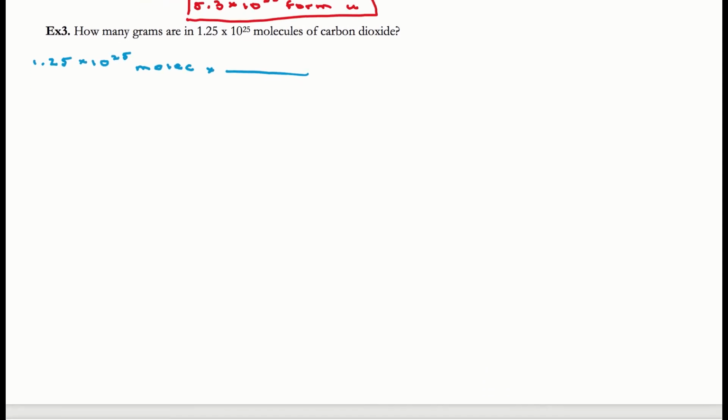I'm going to put molecules on bottom, and I'm going to put moles on top. I don't want to stop at moles though, because I need to get into grams. So I'm going to put moles on bottom, and I'm going to put grams up top. The relationship between molecules and moles, 1 mole is 6.02 times 10 to the 23rd molecules. It's Avogadro's number. For the gram to mole relationship, however, I need to determine the molar mass of carbon dioxide.